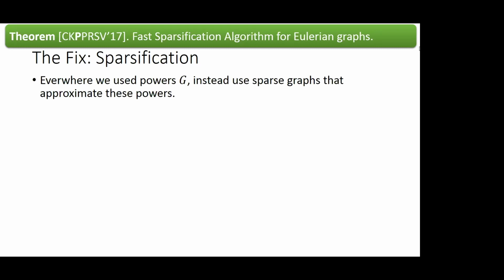So just writing that down: everywhere we use powers of G, we're instead going to use sparse graphs that approximate these powers. And this is going to introduce additional error since we're doing things approximately instead of exactly.